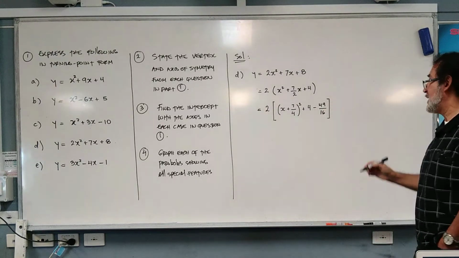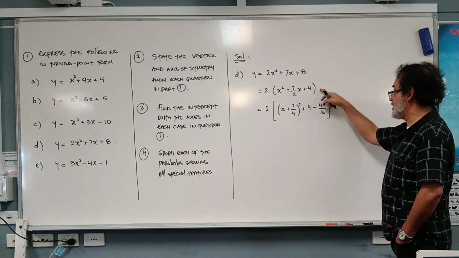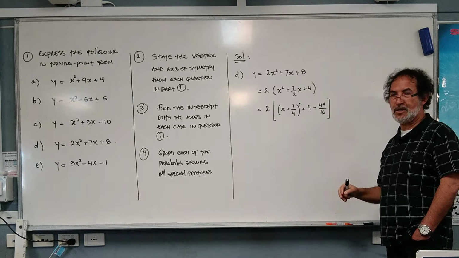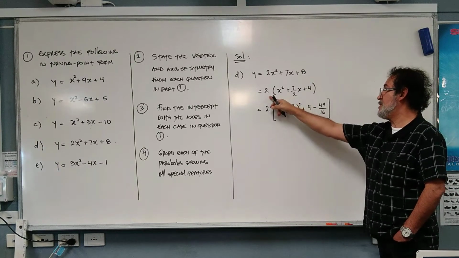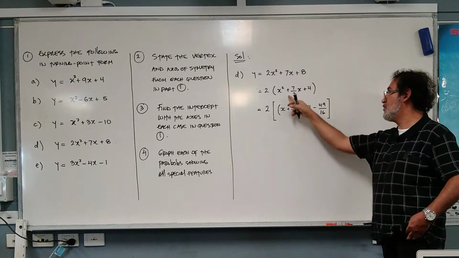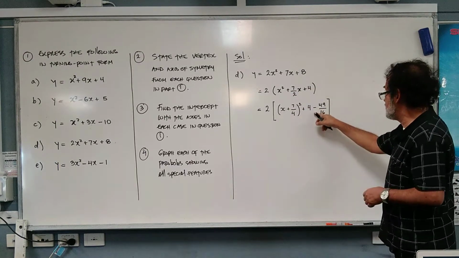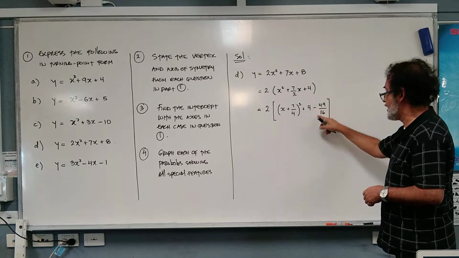All right? Now, do you understand what we did from here to here? Yes. I guess all we did is just take the 2 out, and then complete the square for what we have inside of the big bracket. Okay, and this is how it is. Now, can you please simplify this? 4 minus 49 on 16.